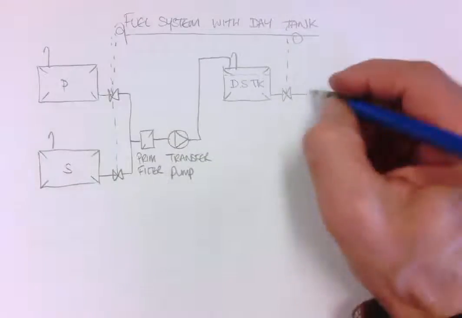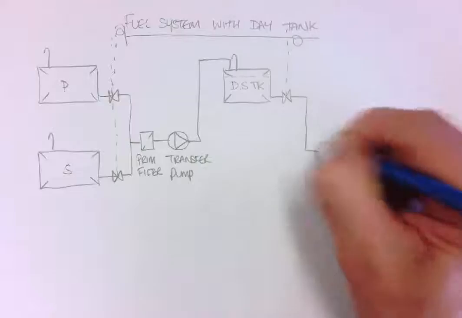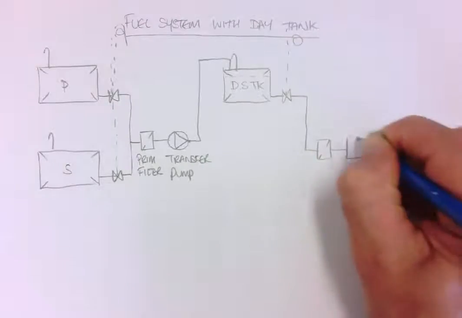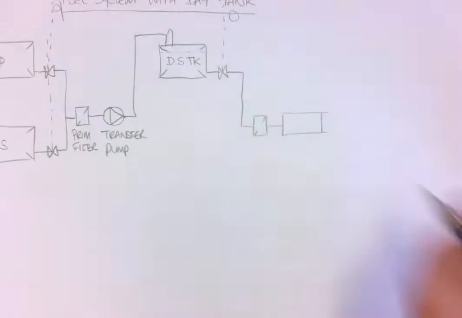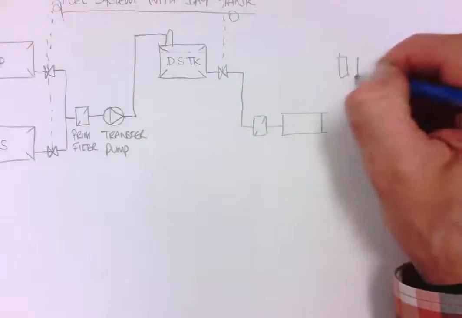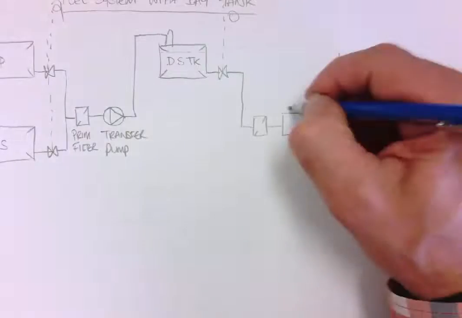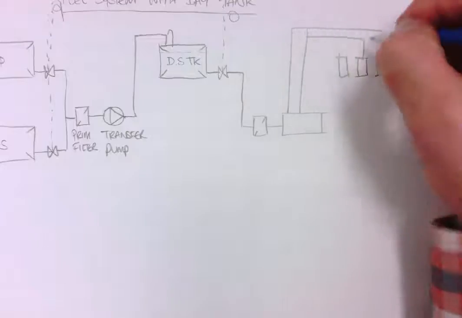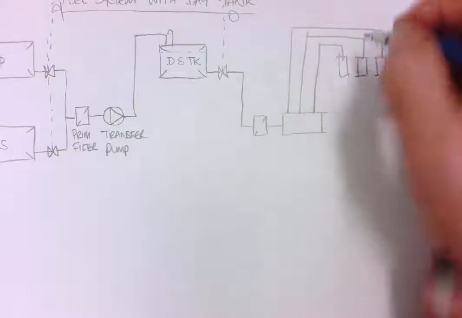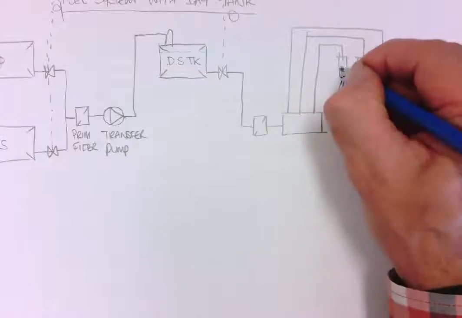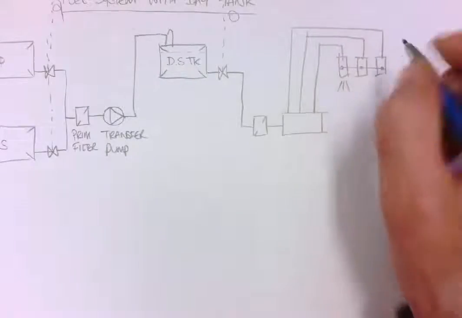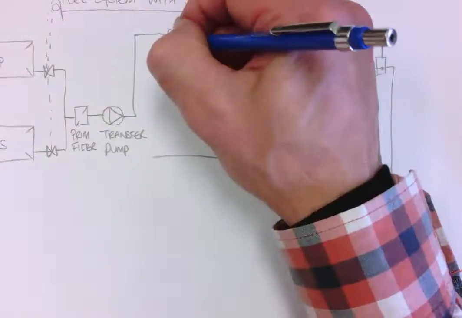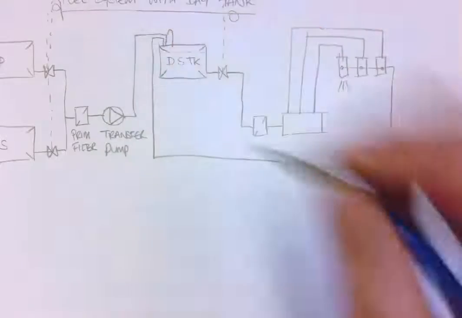It's outside the engine room, and from there we go to a secondary filter, and then our injection pump, to our high pressure injection lines, our fuel injectors, and then we have a return which goes up to our daily service tank.